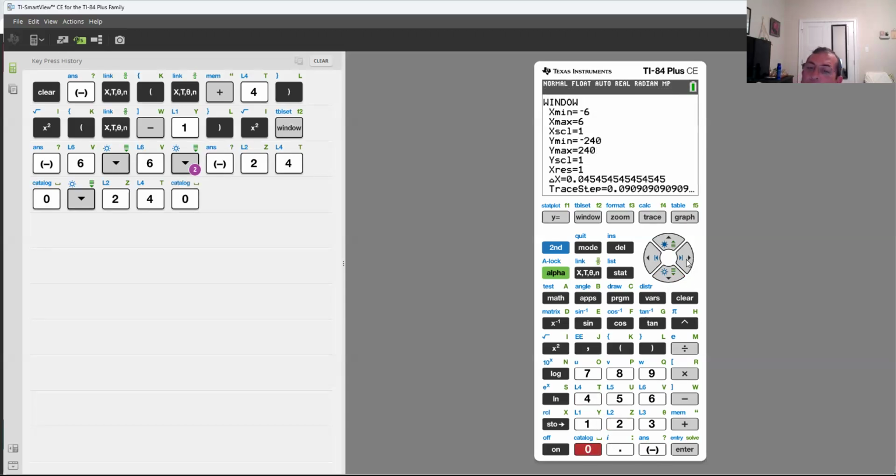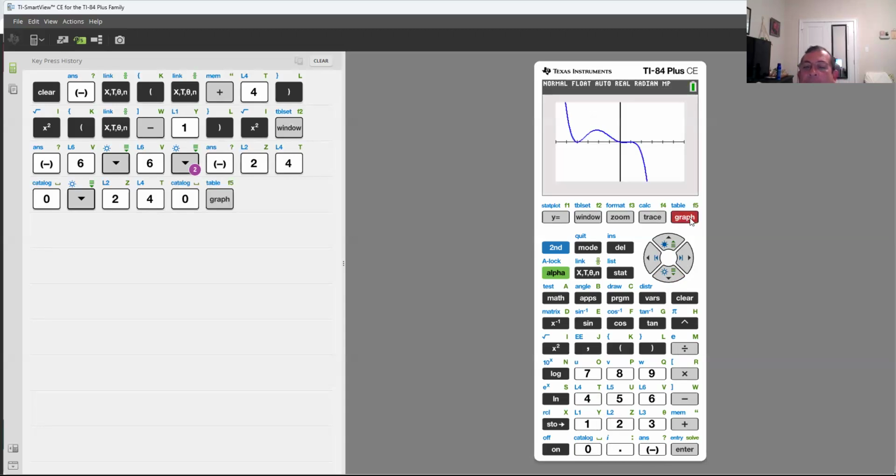Now, since my window is now set like the answers, when I hit graph, you can see my picture sort of comes down, touches that -4, goes up a little bit, then cuts through at 0 there. So let's look at the 4 pictures we got.